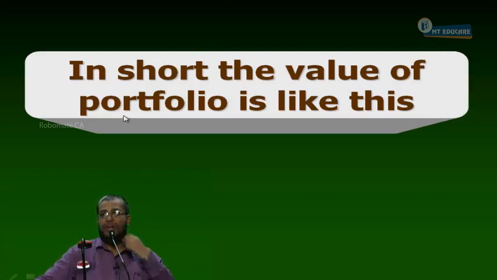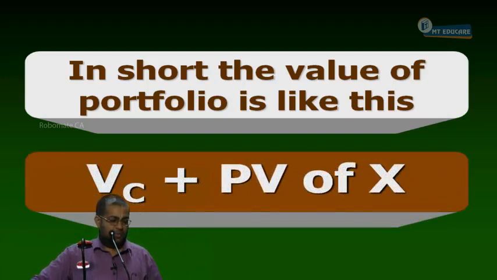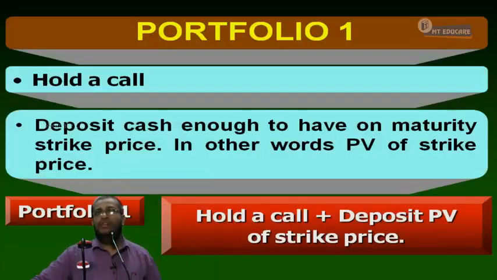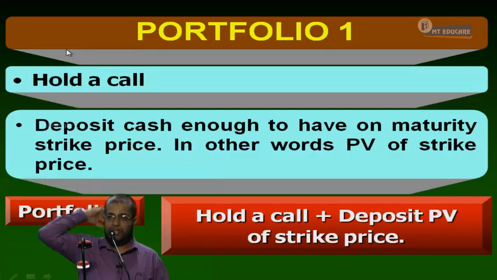First branch: hold a call and deposit cash equal to present value of strike price.